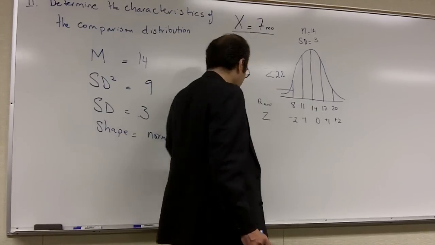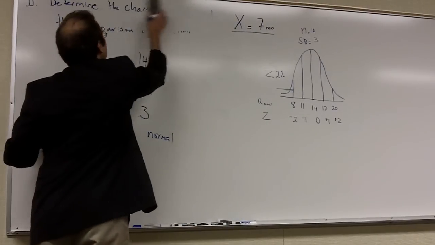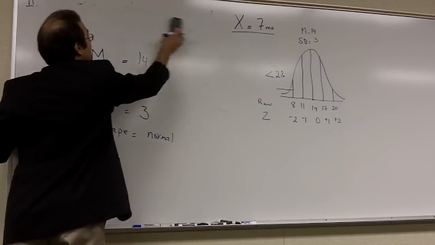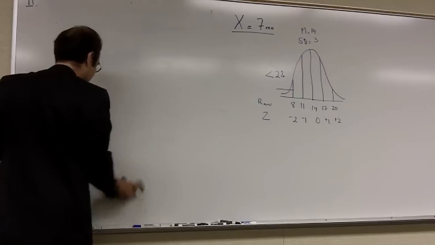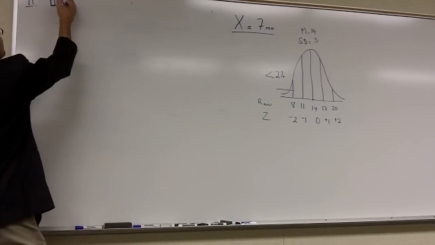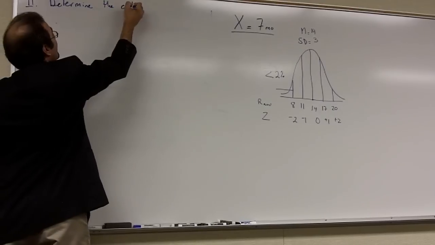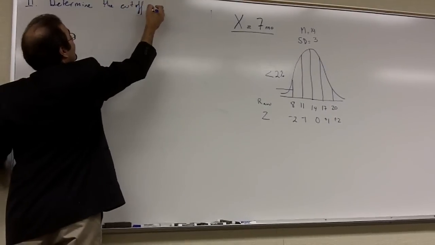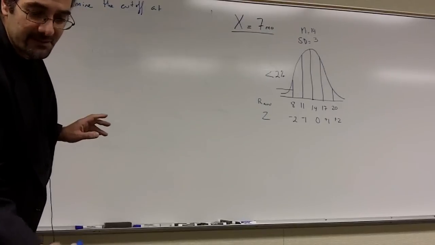Okay. So let's go to step number 3. Who wants to tell me what step number 3 is? Okay. Determine the cutoff sample score. Determine the cutoff. How does the book phrase it?